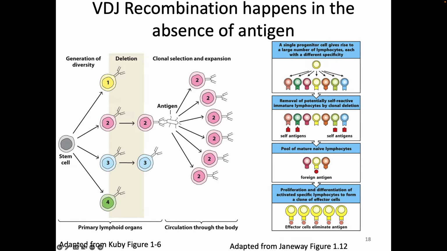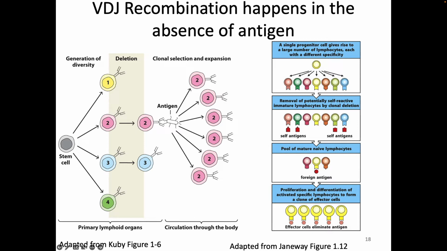We already made every possible receptor there is. But in making every possible receptor there is, we went so broad that we actually made some receptors against ourselves. This is a problem that we see in B cells. This is a problem that we see in T cells. Your immune system basically has evolved so that you're right on the edge of autoimmunity.